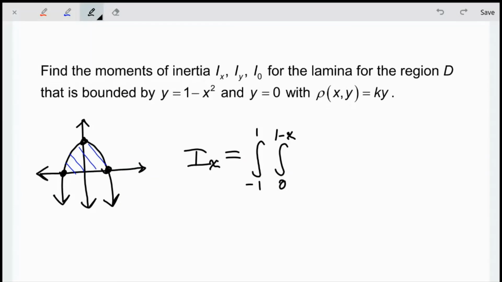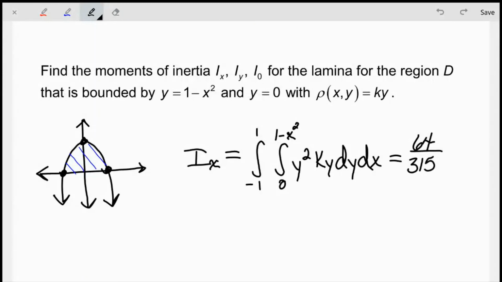And then I've got my y squared, because that's the distance away from the x-axis squared, times my density, which was ky, and then integrate with respect to y, and then with respect to x. Okay, and when we solve this out, it's a little bit of work, but we get 64 over 315 k. So we have a general solution here because we had that constant k within our density this time.